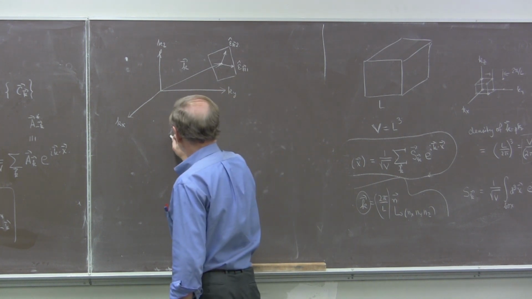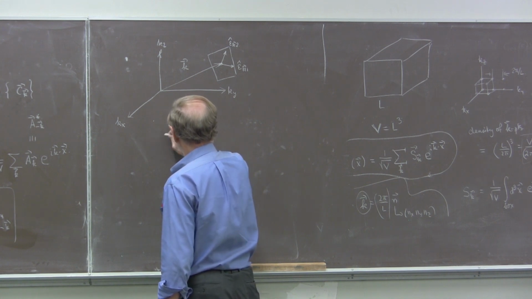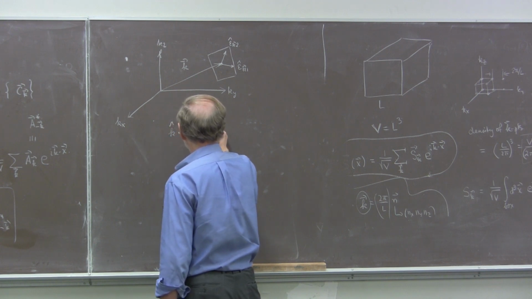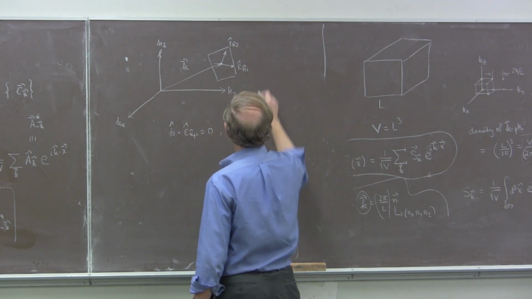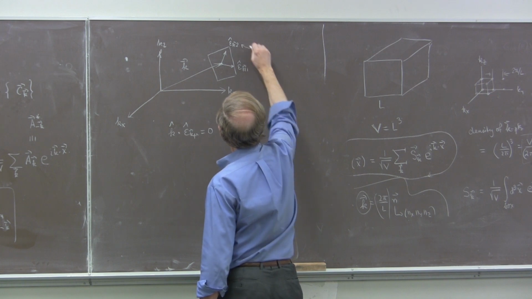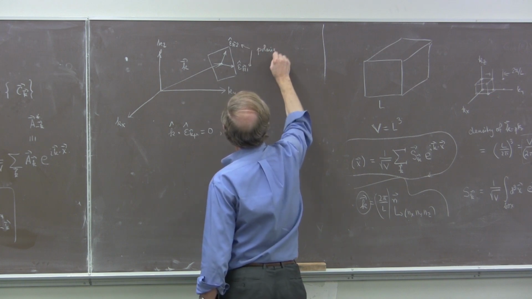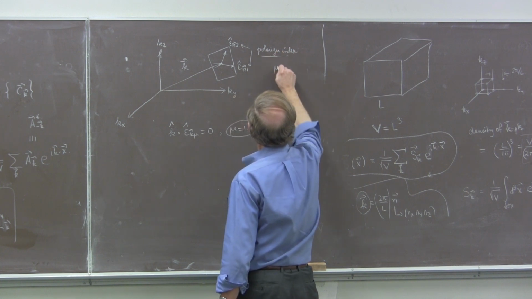These unit vectors have the following properties: k hat dotted into epsilon hat k mu is equal to 0. The mu index runs from 1 to 2. This mu index, by the way, we'll call a polarization index. This mu goes from 1 to 2.